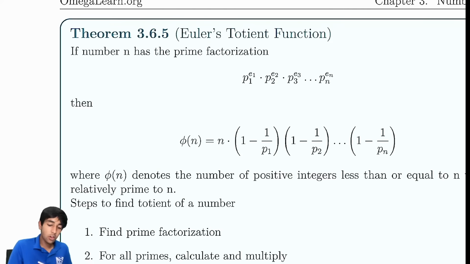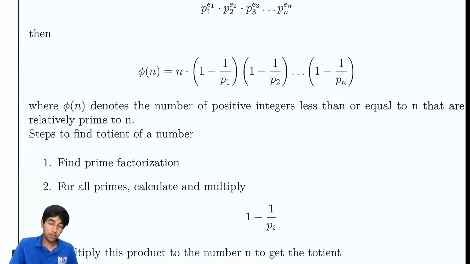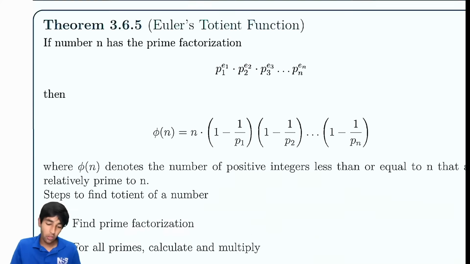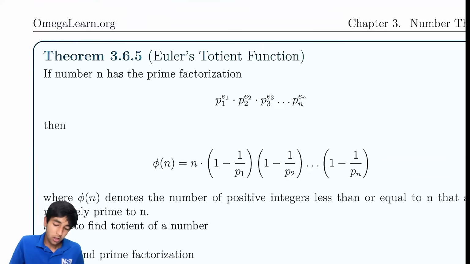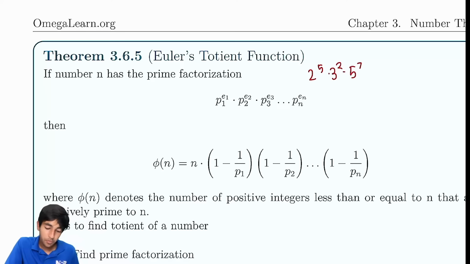And now we have Euler's totient function, which is useful in Euler's totient theorem and Fermat's little theorem. So for example, we have 2 to the power of 5 times 3 squared times 5 to the 7, let's say. To find the totient, you multiply this number, and you look at each of the primes. For prime 2, we multiply by 1 minus a half.